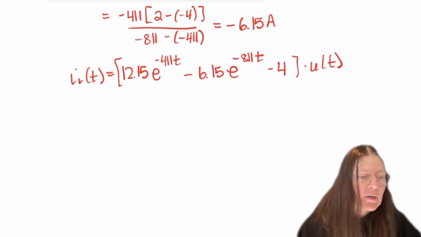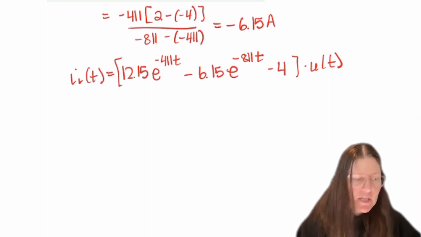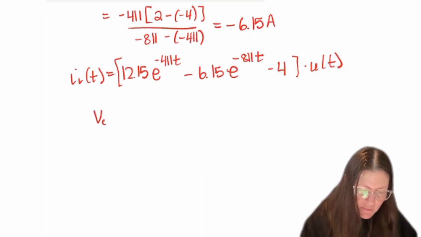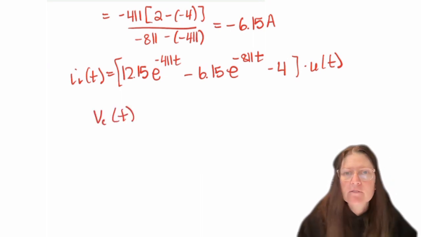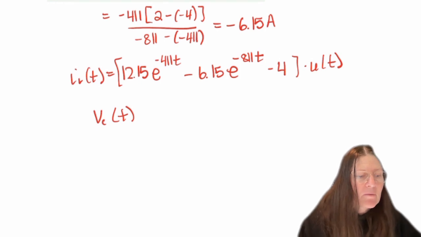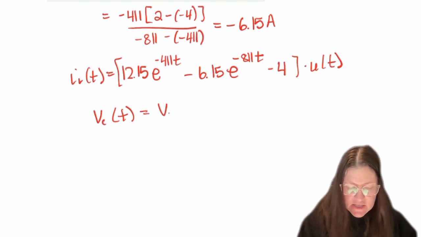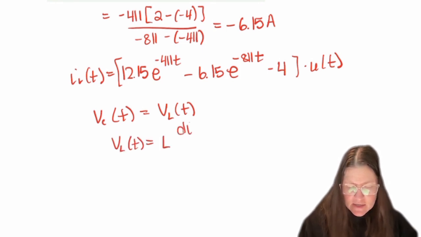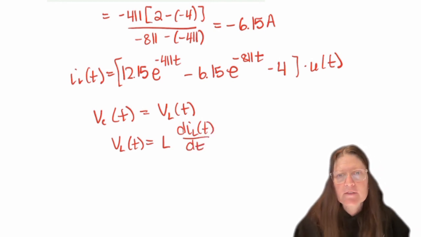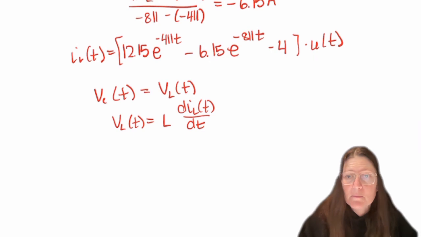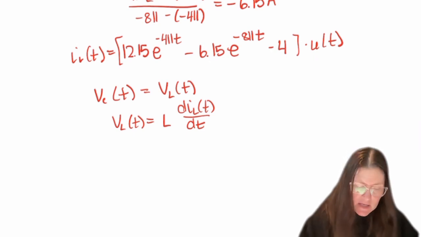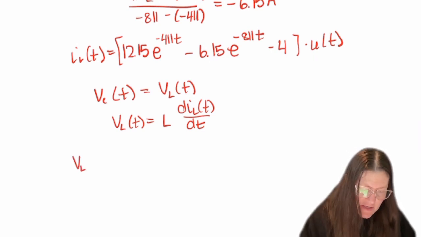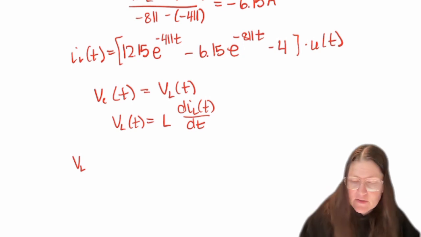From here, we need to now take the derivative, because we wanted to find VC of t. We notice that VC of t is VL of t, and VL of t we know is L dIL/dt. So if we take the derivative of this, we can just multiply it by L and find VC of t.